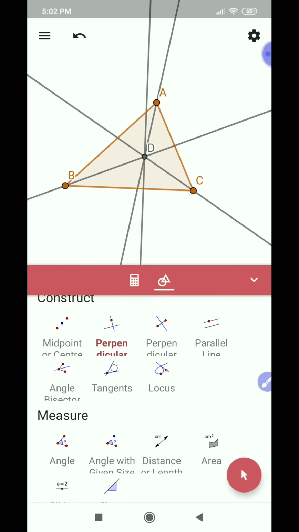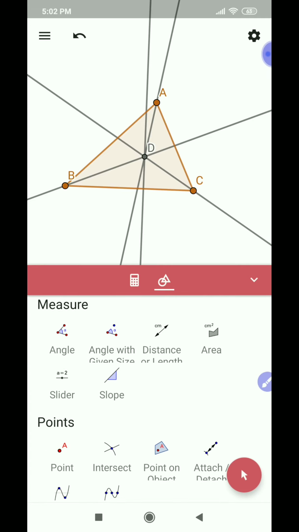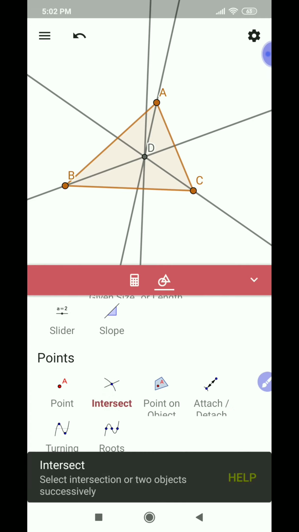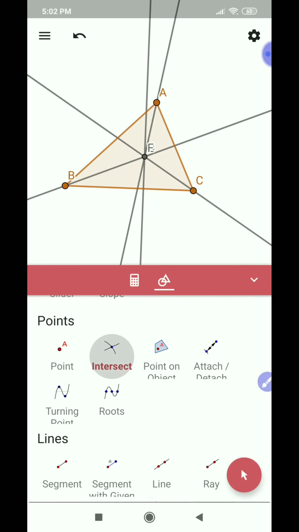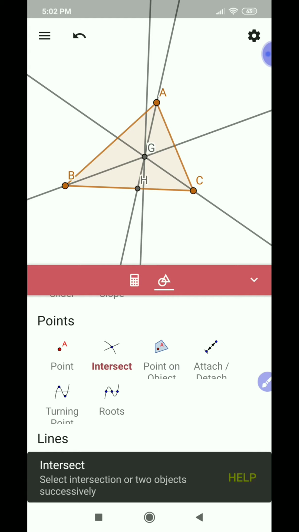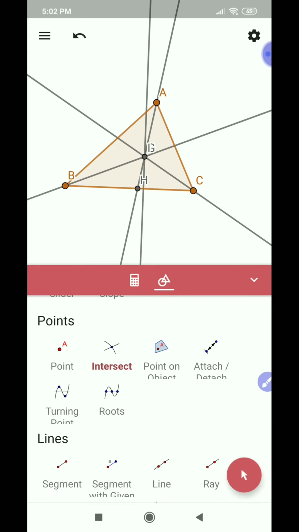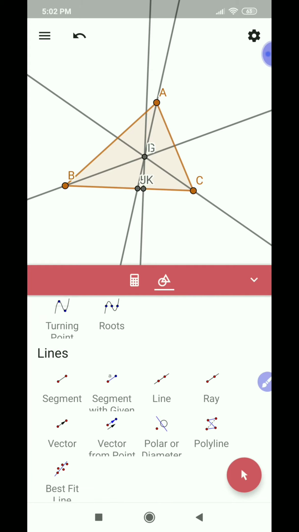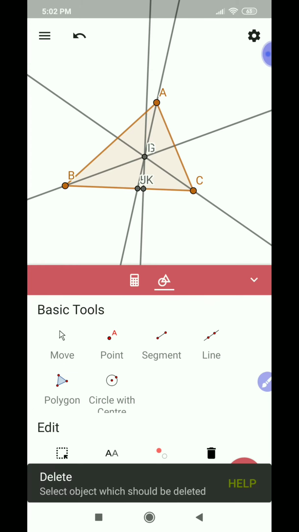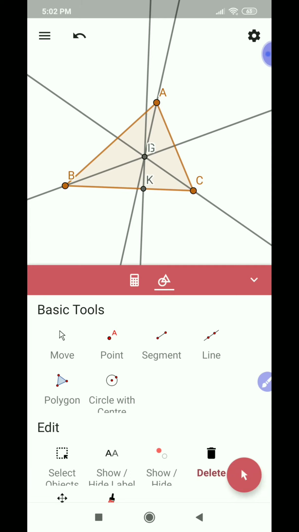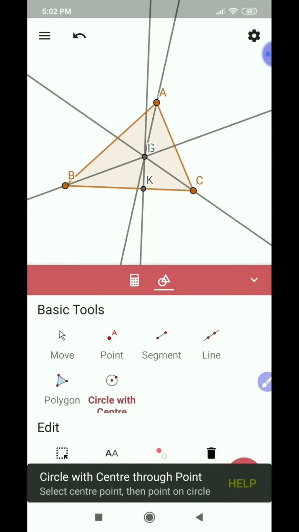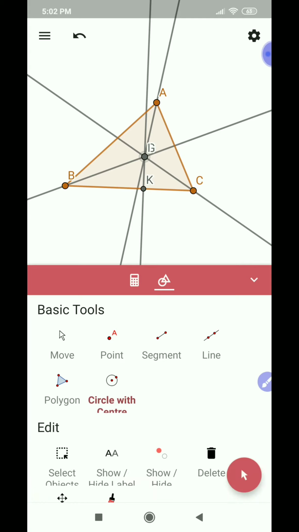Now draw a perpendicular line from D to BC. Name the intersecting point as K. Now construct a circle with center D and radius DK.